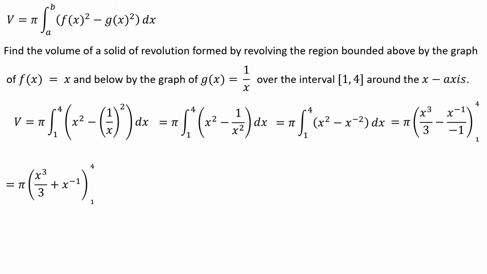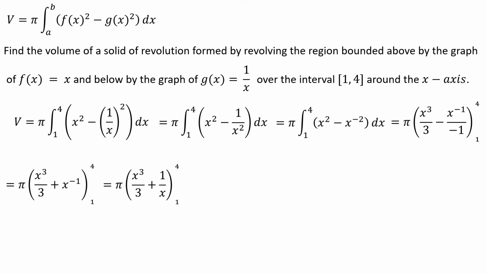So if you're wondering how come I was able to justify switching that to the positive, it's because we had the negative 1 in the denominator. And before I plug anything in yet, I'm still thinking, that still doesn't look very user-friendly. So let's take that x to negative 1. Let's rewrite it as 1 over x.